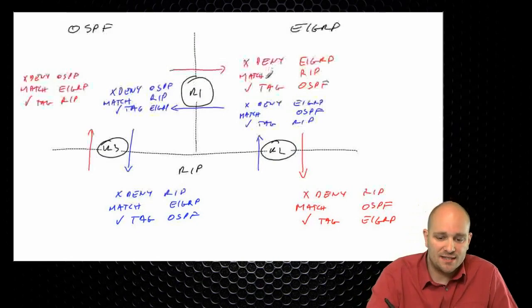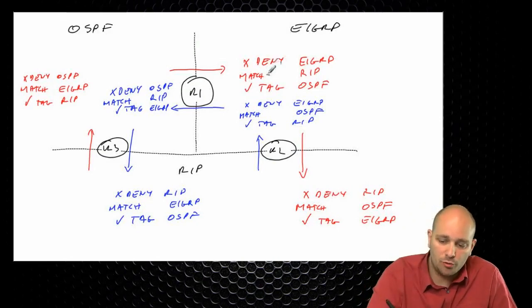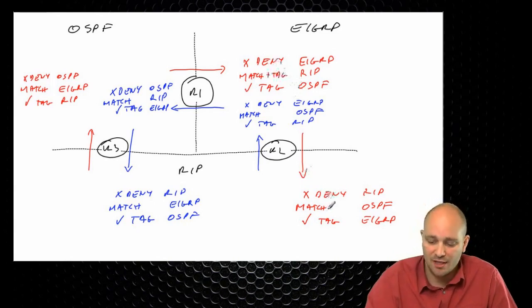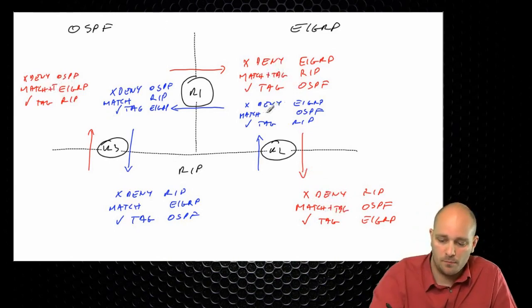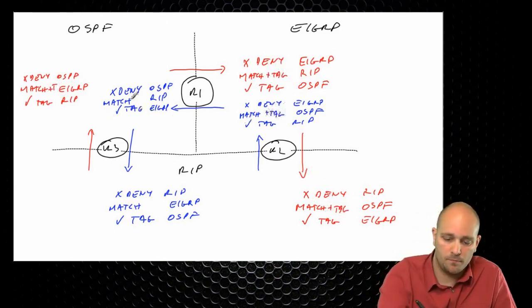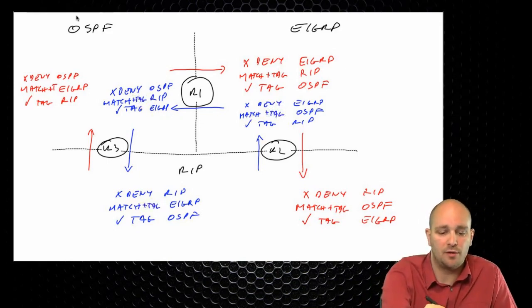Instead of doing just a simple match, we are going to have this second entry that is going to be match and set tag. This is how one route map entry might look.